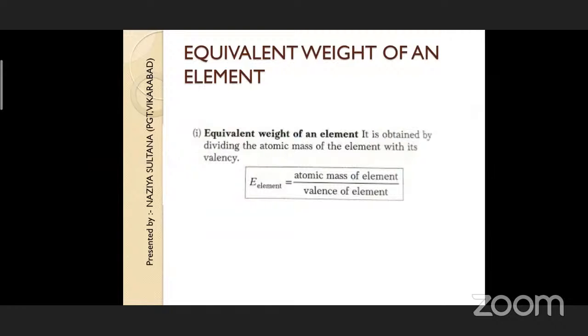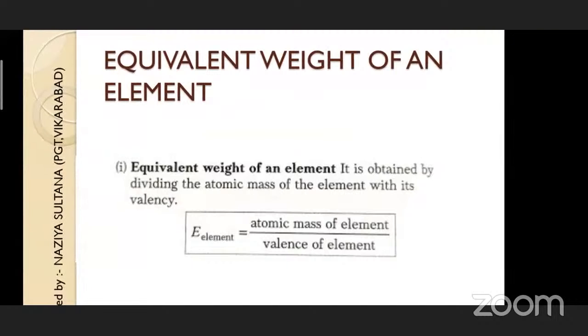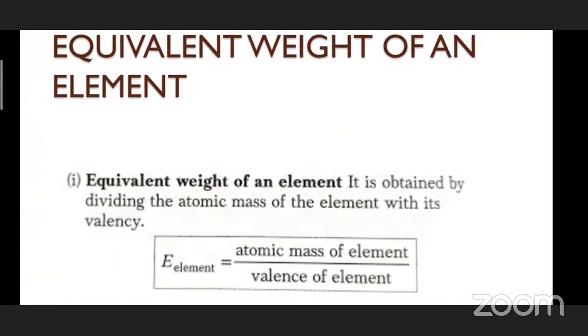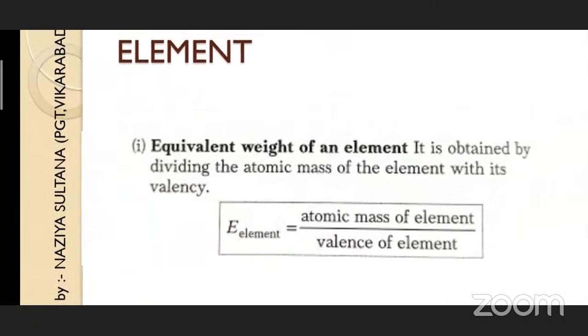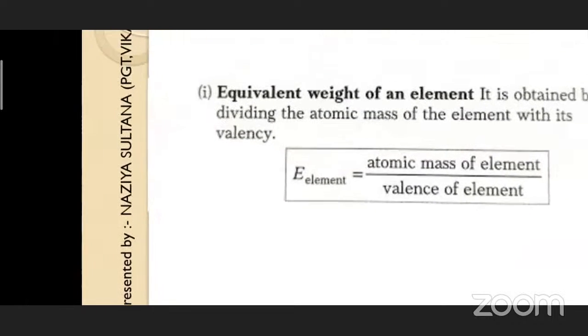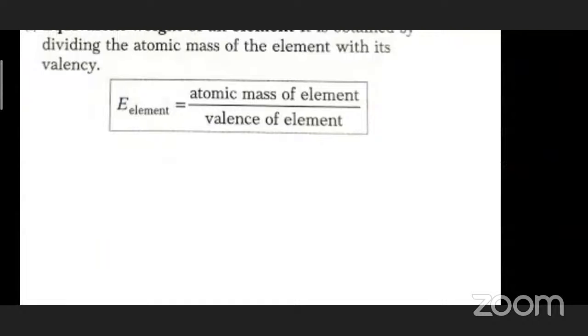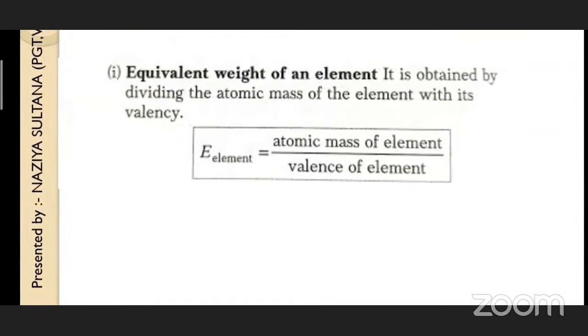Next, let us see the equivalent weight of an element. Okay. So what is an element? An element is a substance made up of one kind of atoms. And how many elements are there? A total of 119 elements are there in nature.